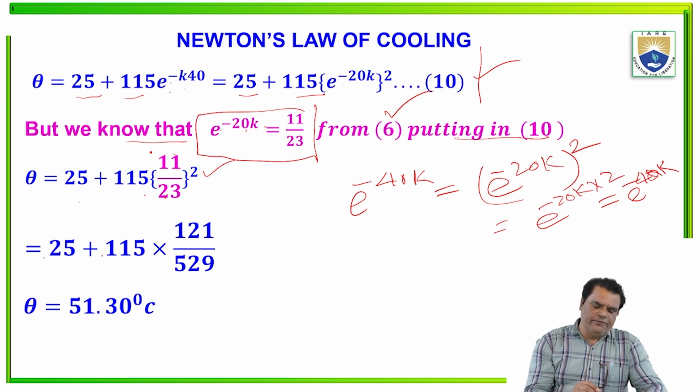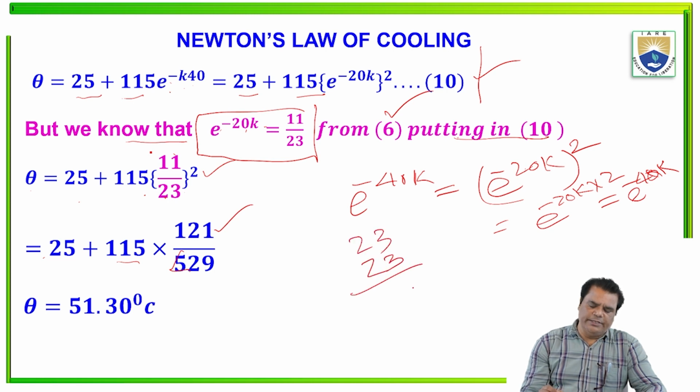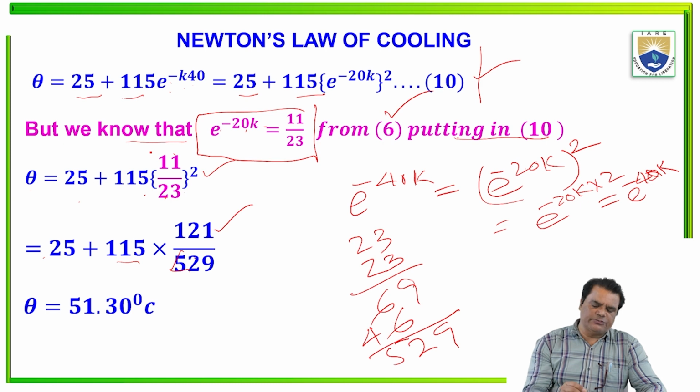This equals 25 plus 115, squaring: 11 square is 121 and 23 square is 529.